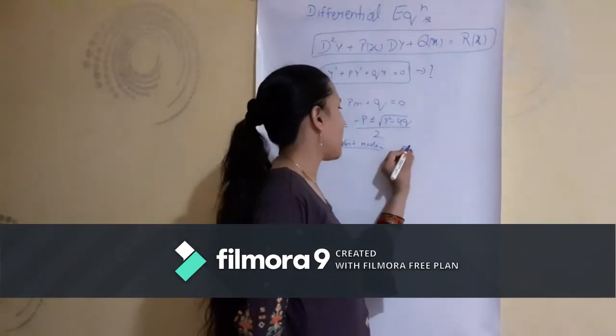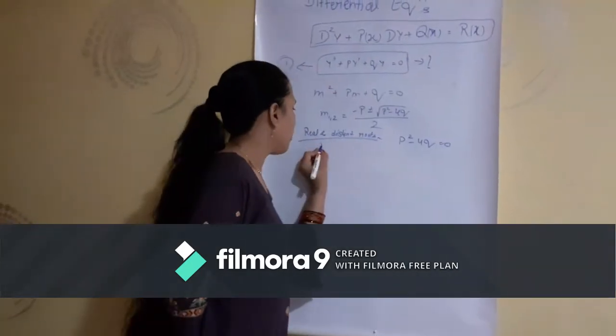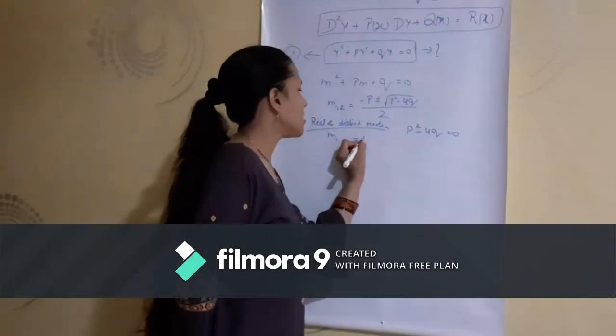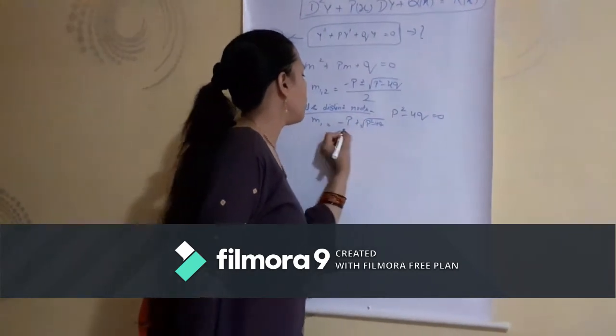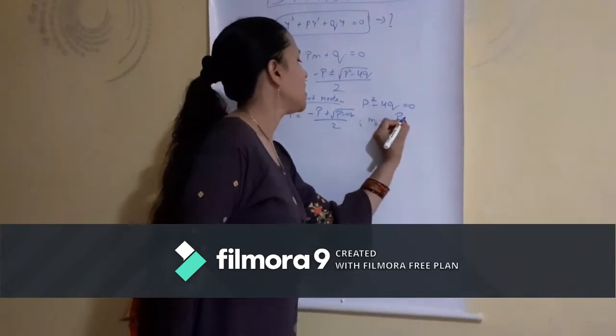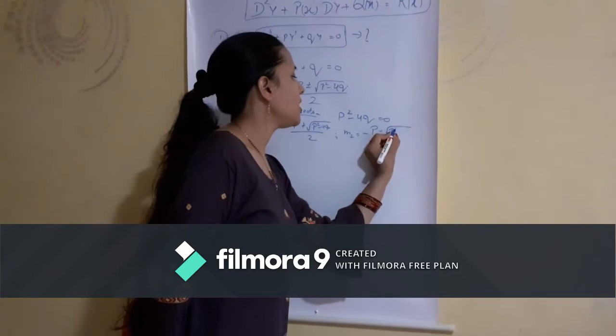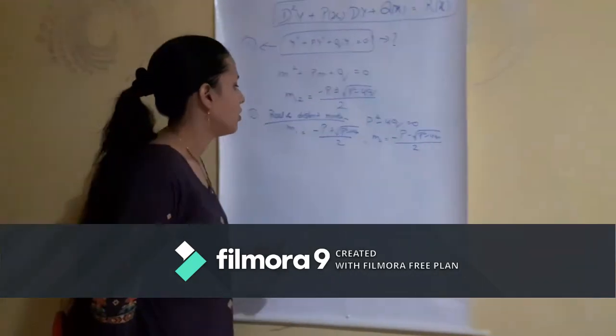Here we have m1 = (-p + √(p^2 - 4q))/2, and m2 = (-p - √(p^2 - 4q))/2.